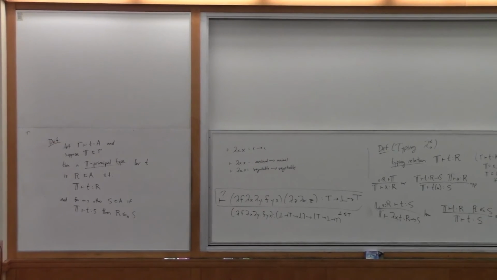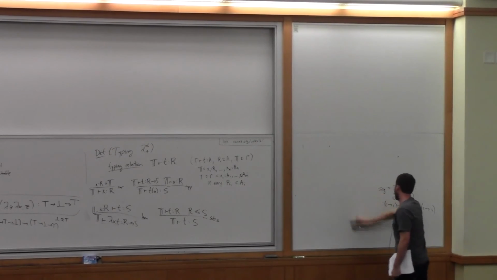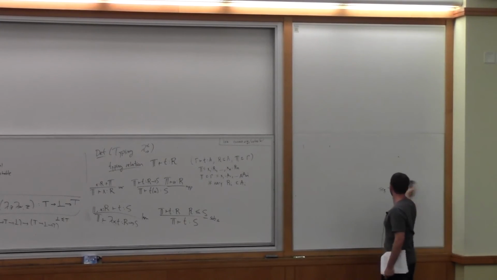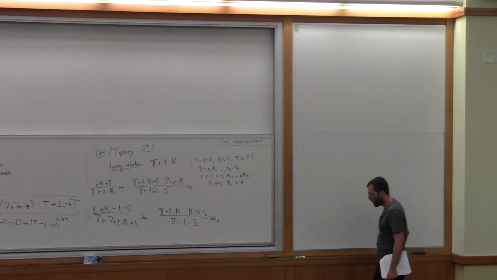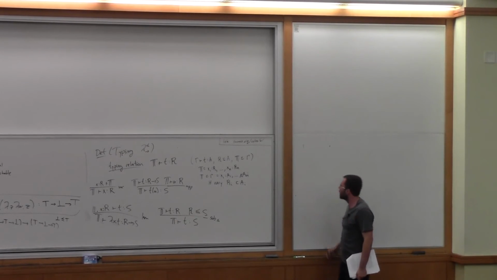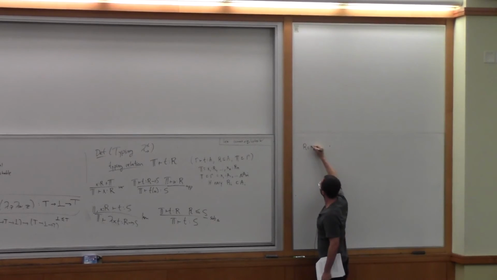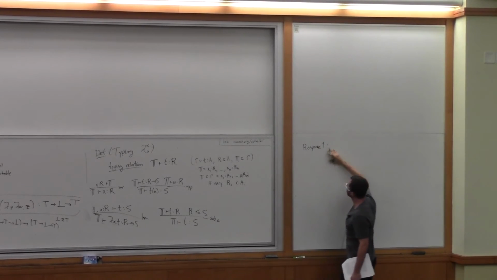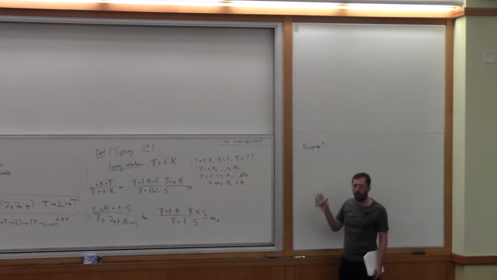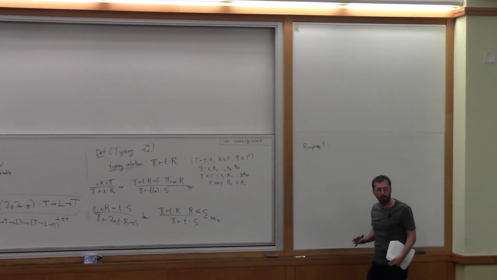There are two possible responses. I'm sure there are more than two, but there are at least two. The first response is to say that actually talking about principal types in this setting is kind of a red herring.